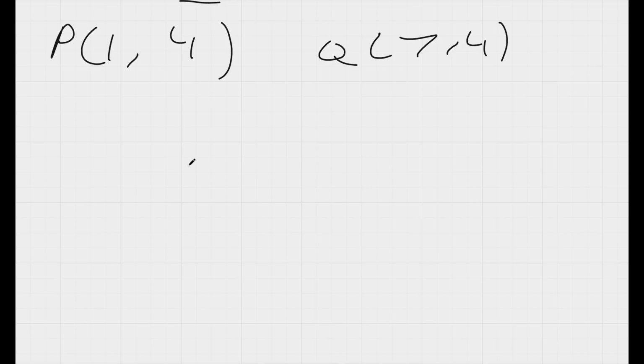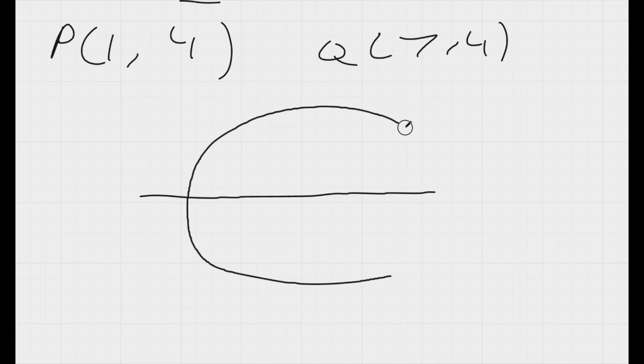What a great question, because if you were to sketch it out, this is (1, 4) and this is (7, 4). So no need to even show Pythagoras right now.